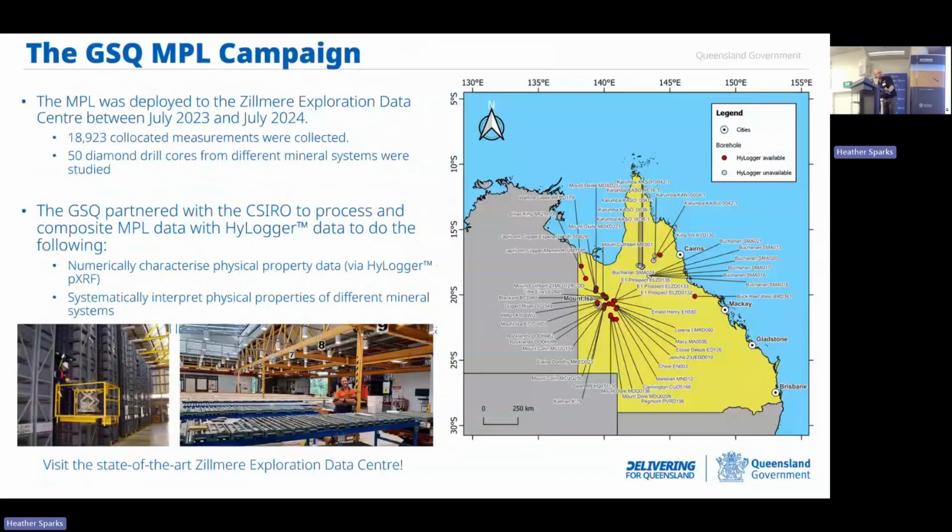These deposit names might be readable from there. But if you supplied GSQ with any core in the last 24 months for the reference collection, chances are we've got at least a couple of hundred measurements from your core. All up, we collected around 18,000 co-located measurements. Together with the team at CSIRO, these are now being processed and composited with HyLogger data and, of course, any other information that we have on hand.